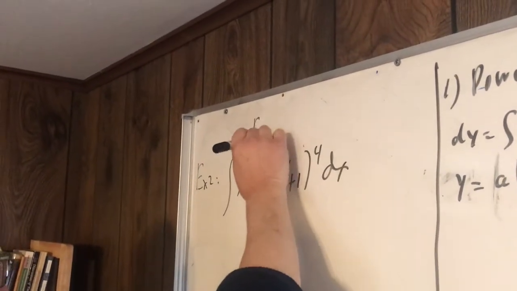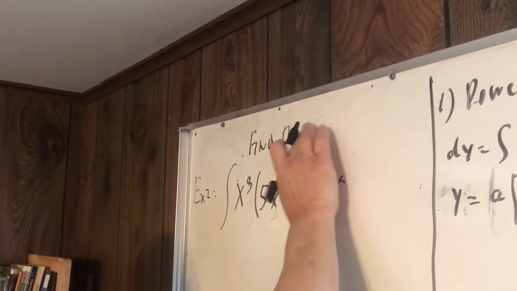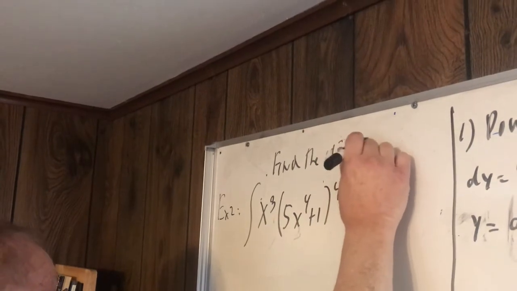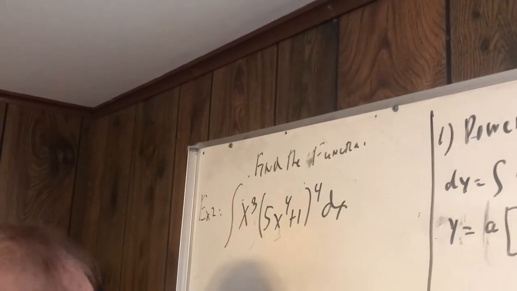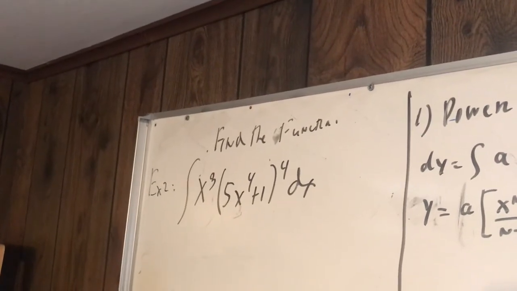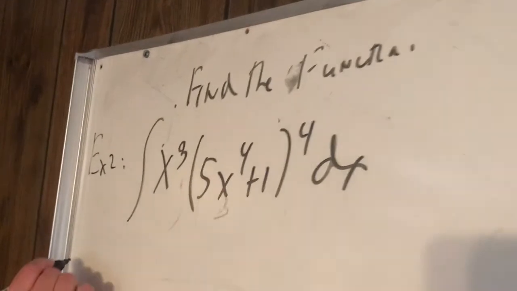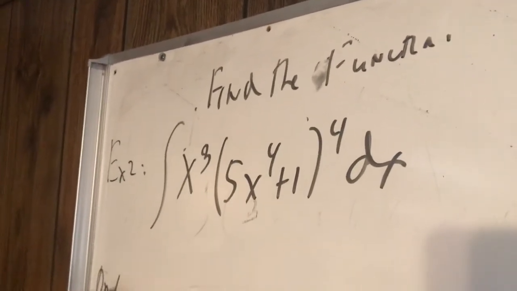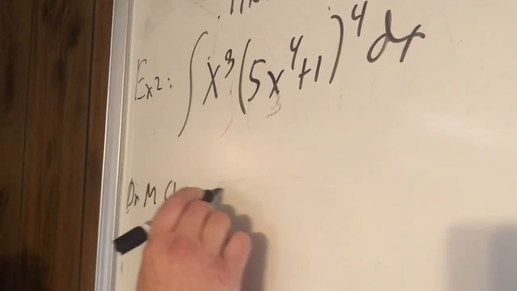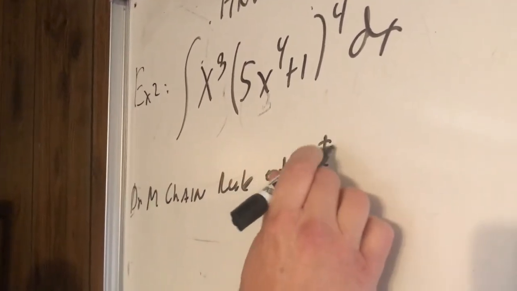And I want to find this function. Okay, well, notice once again, I have an appendage here. So let's give a rule. Well, let's say this is the Dr. M chain rule of integration.